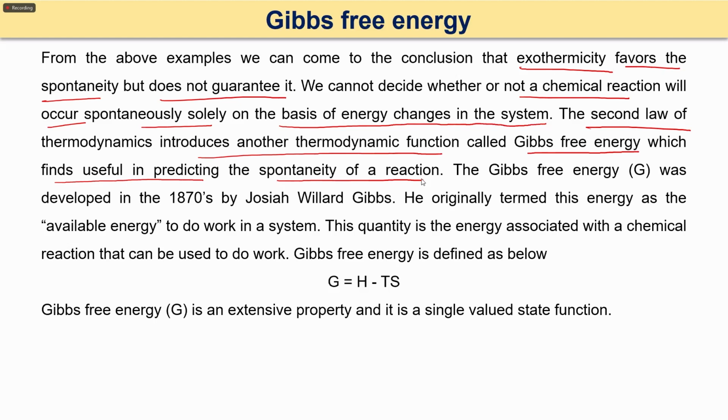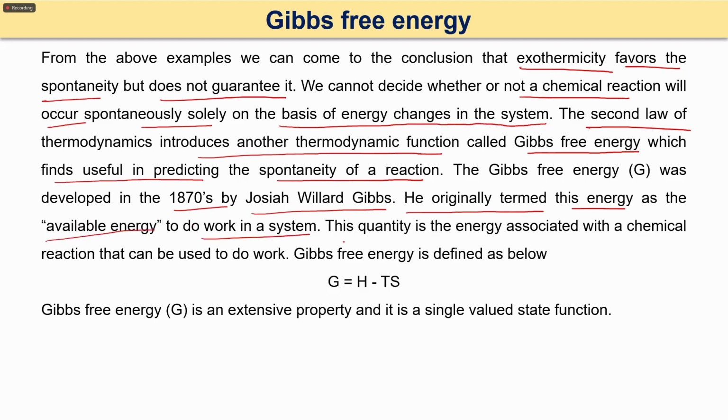The Gibbs free energy was developed in 1870 by Josiah Willard Gibbs, and he originally termed this energy the available energy to do work in a system. So Gibbs free energy is the available energy in a system in order to do work.